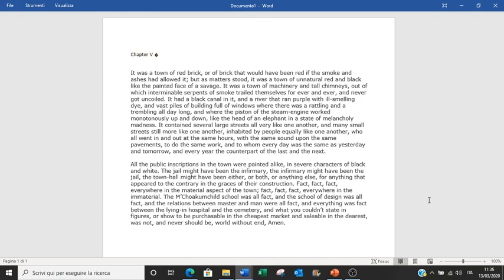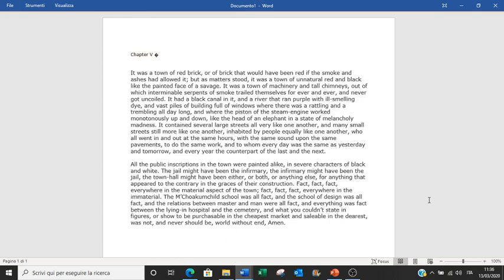So it was a town of red brick, or of brick that would have been red if the smoke and ashes had allowed it. So again, the main color would have been red if the air, the atmosphere that all people breathed, had not been so polluted.